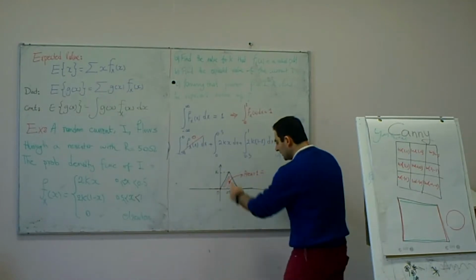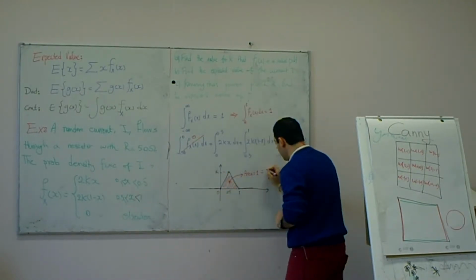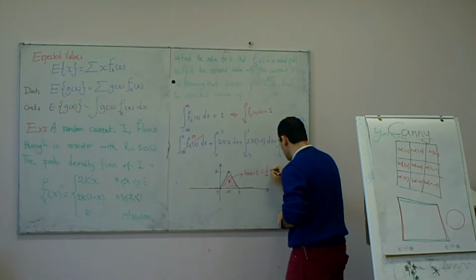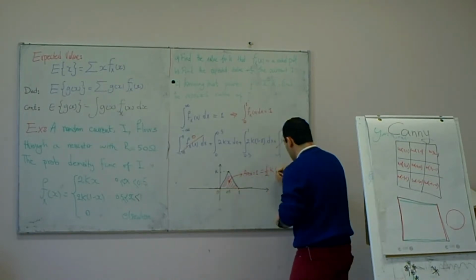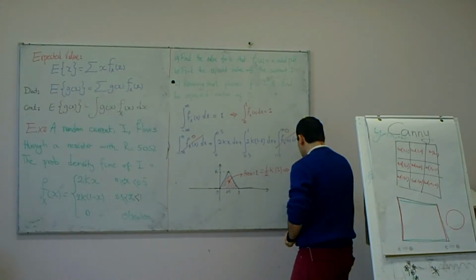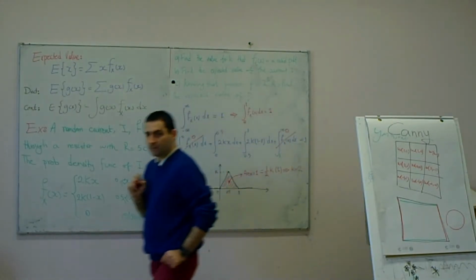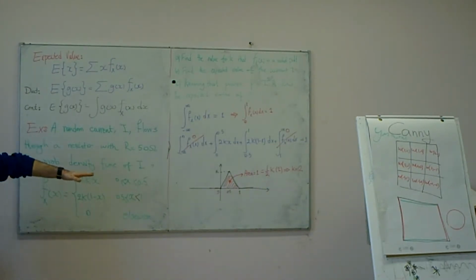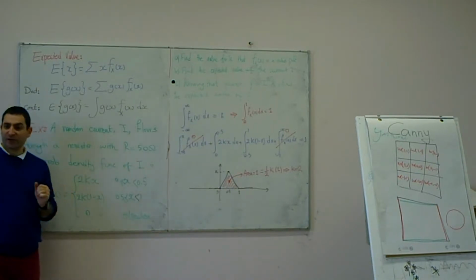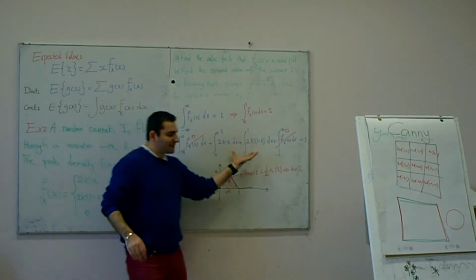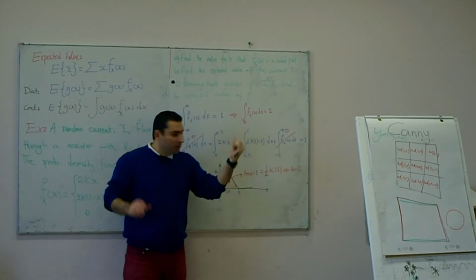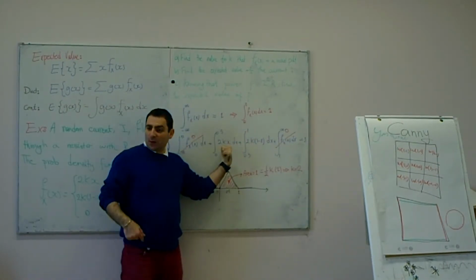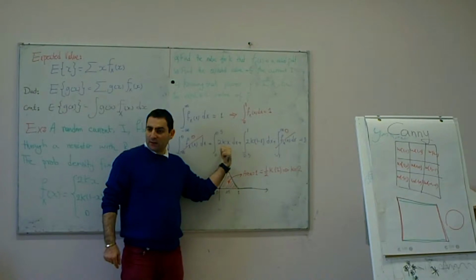The height is k, so it's 1 over 2 multiplied by k, and the width is 1. So from here, I get that k should be equal to 2. This is easy if I have a linear function. If not, you have to calculate these integrals. Can you calculate the integral, or do you want me to calculate it for you to see how we can do it? Can you do it?